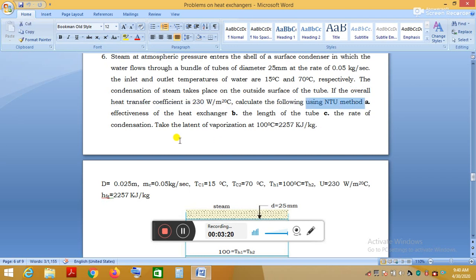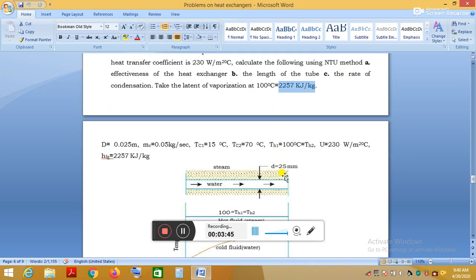And using NTU method we need to find effectiveness of heat exchanger and length of the tube, and also we need to find out the amount of steam which is condensing over the tube, and he has given the latent heat of steam.